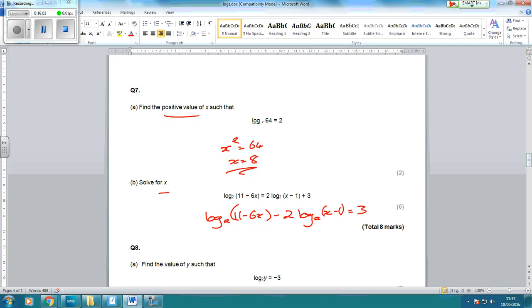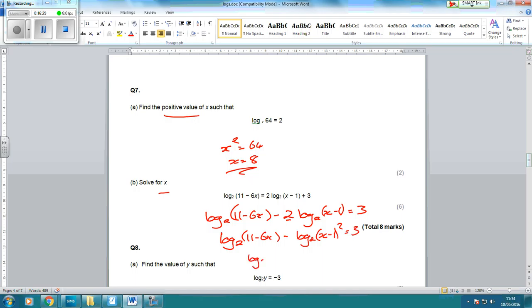We're now going to bring this power up, because you can't divide it: it's not log take away a log, it's log take away 2 logs. We've got to deal with this 2 first. So it's going to be log to the base 2 of 11 minus 6x, minus log to the base 2 of x minus 1 to the power of 2, equals 3.